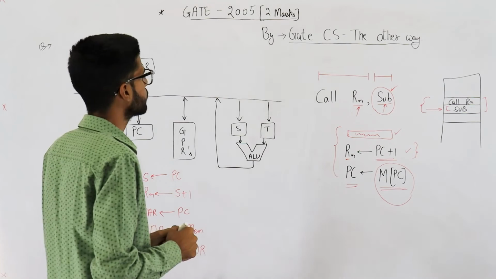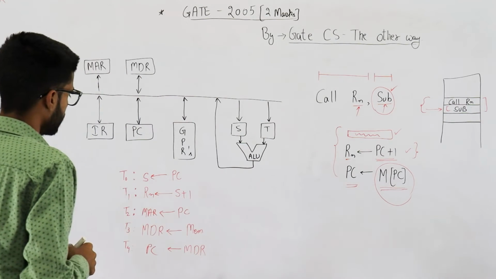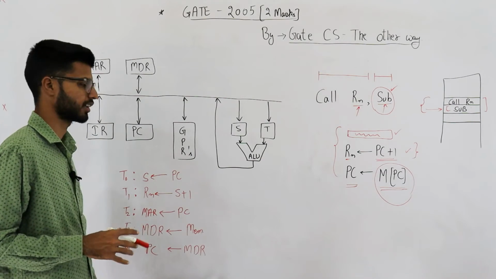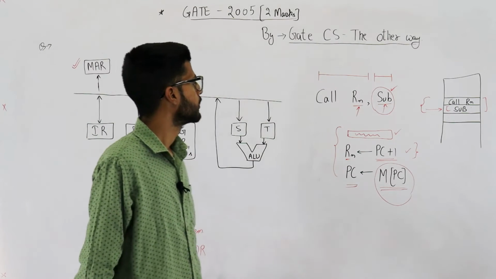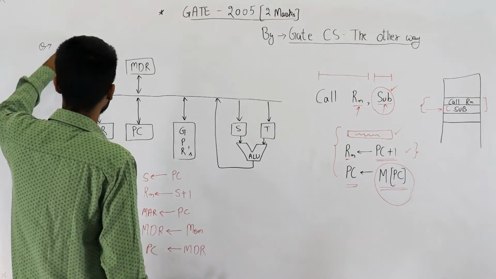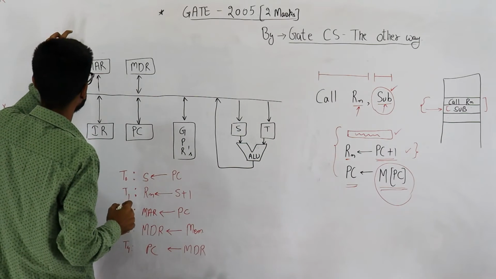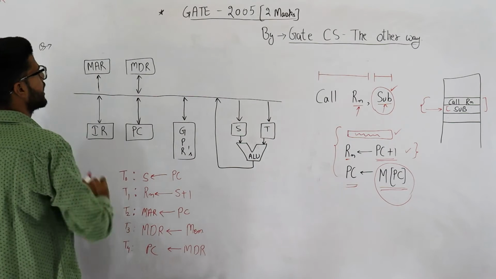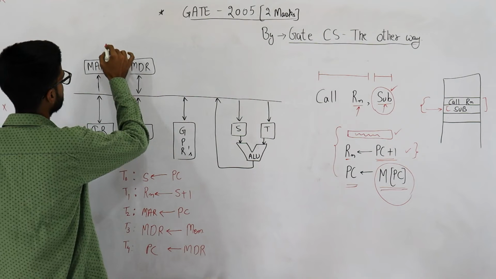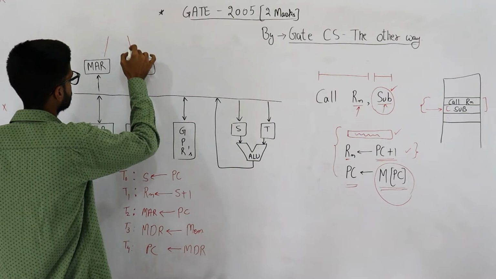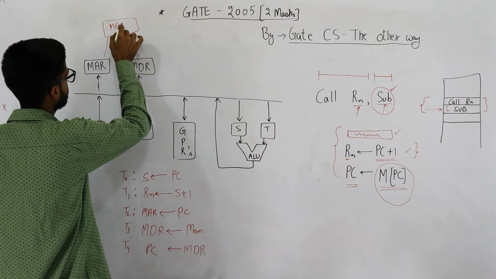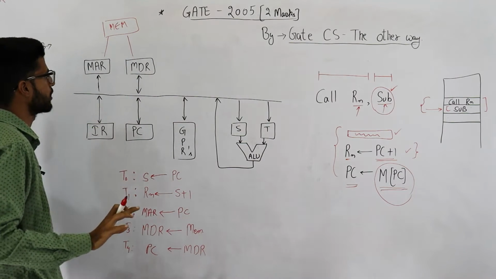Yeah, it is. Now, can we do something better? We don't want to spend 5 clock cycles. Can it be done? Yes, obviously it can be, but for that you need to know some basics. First thing is, these two registers MDR and MAR are directly connected to the memory. Say this is your memory, RAM or primary memory.